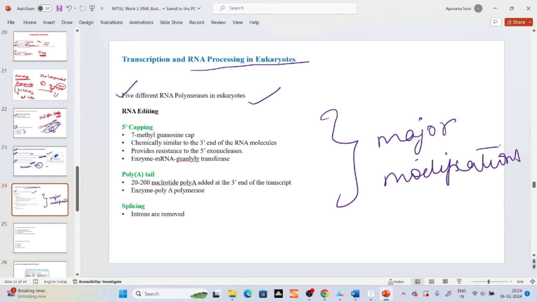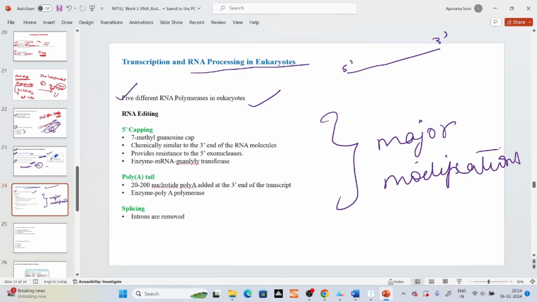So first is capping. What is capping? If this is your pre-mRNA, this is your 5 prime end and this is your 3 prime end. At the 5 prime end, 7-methyl guanosine is added. What is the purpose of this 7-methyl guanosine addition?